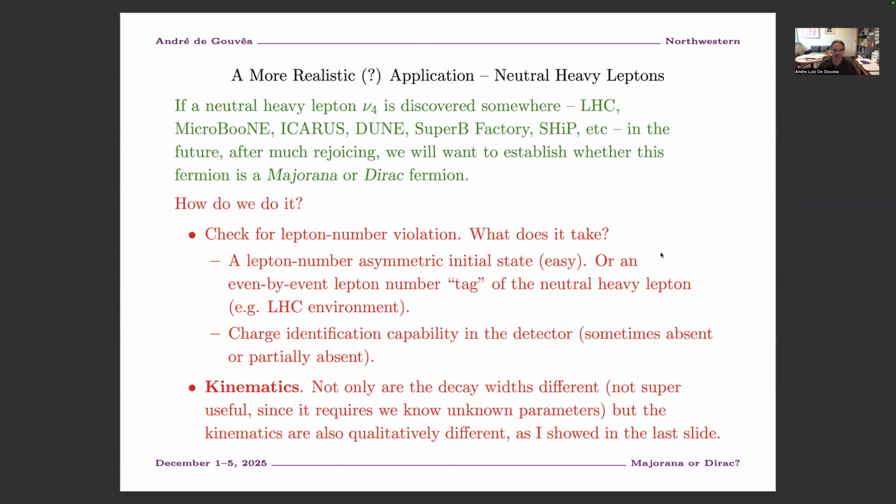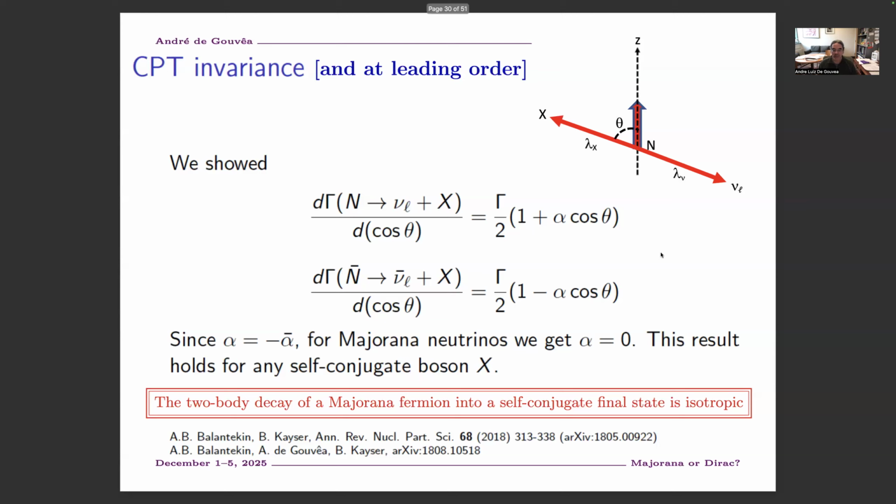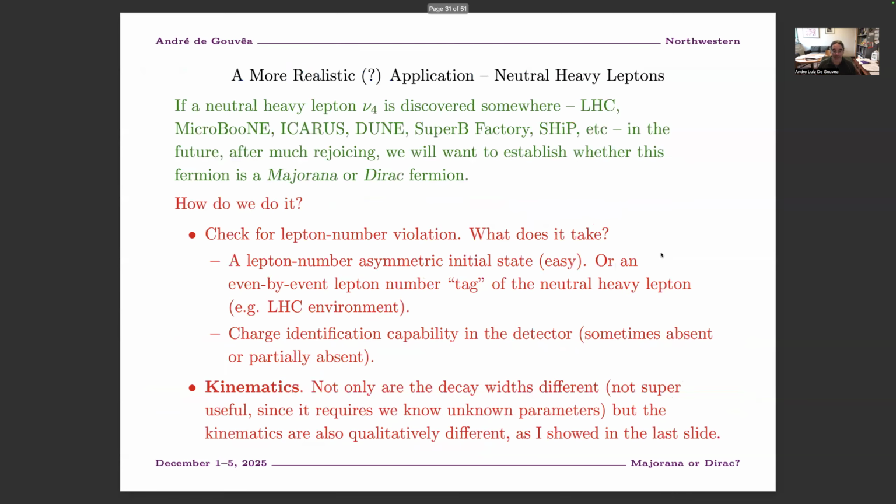Okay, and I'm going to skip the rest of the stuff that I was going to talk about, but there's a lot of interesting applications of this, not for ordinary neutrino decays, but in the context of there being a heavy neutral lepton that does decay, and everything that I mentioned also applies for heavy neutral leptons. And again, if we ever saw a heavy neutrino, we would also want to find out if that's Majorana or Dirac.